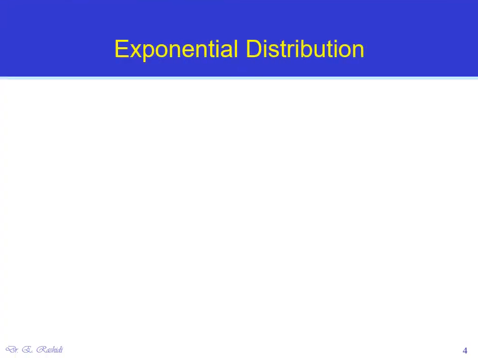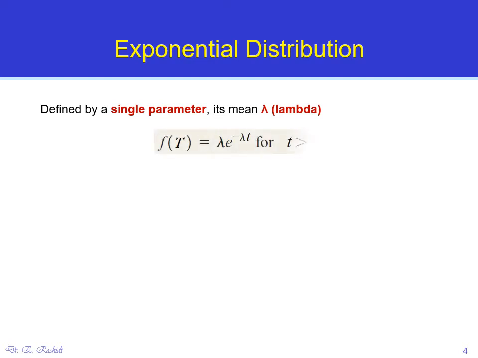Exponential distribution is defined by a single parameter, and that is its average or expected value, which is lambda. The probability density function for exponential distribution is as follows. Capital T here is the random variable, and it stands for time. So T here follows exponential distribution, and we show this by only one parameter, which is lambda.